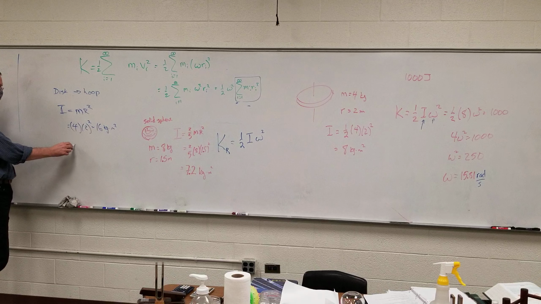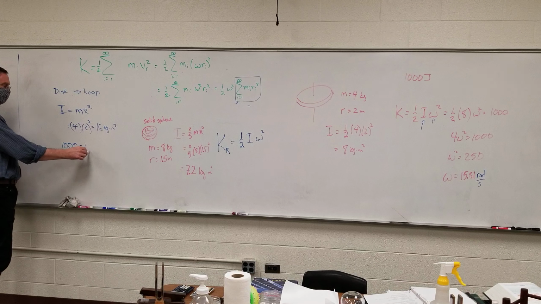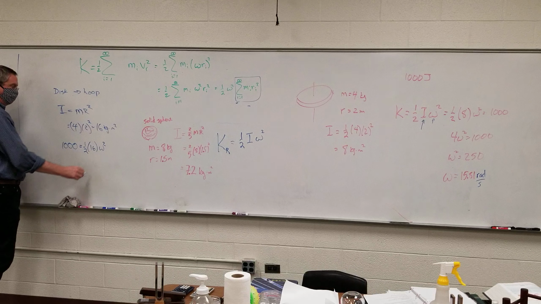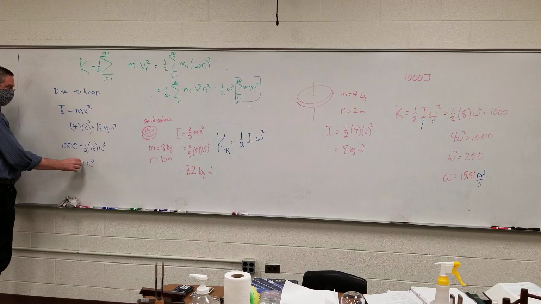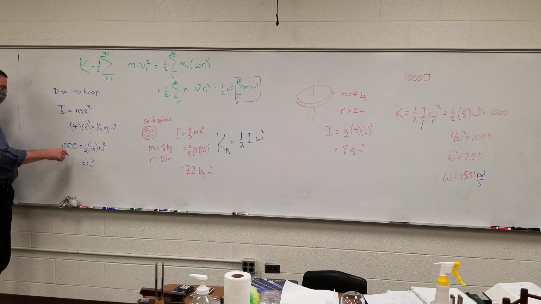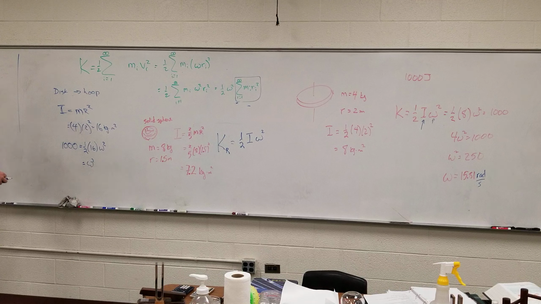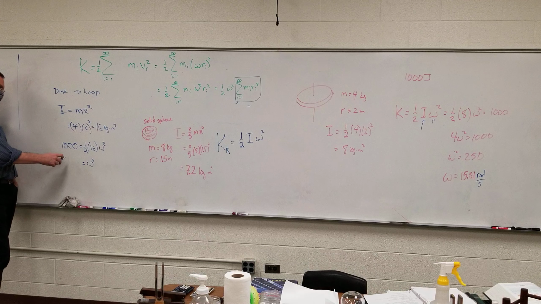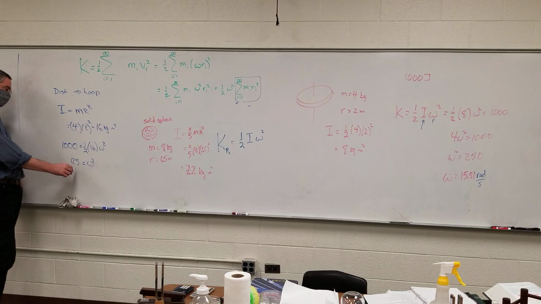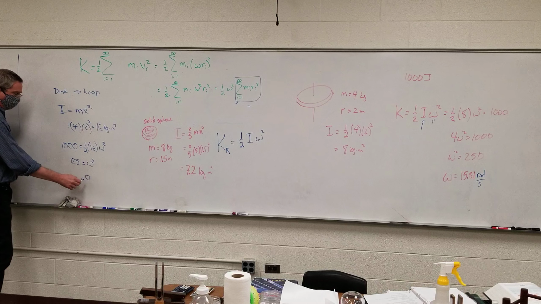Well, I got 1,000 joules of energy, and that's going to be equal to 1/2 times I, which is 16, times omega squared. So now omega squared is equal to 1,000 divided by 8, which is 125. And so omega is 11 point something.